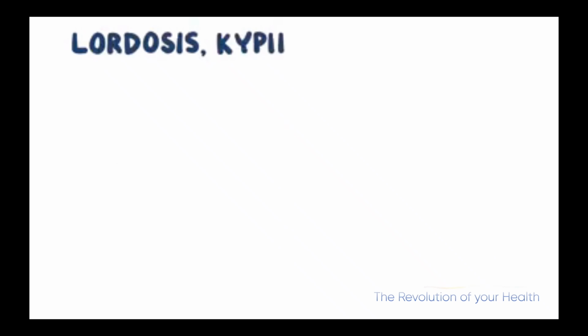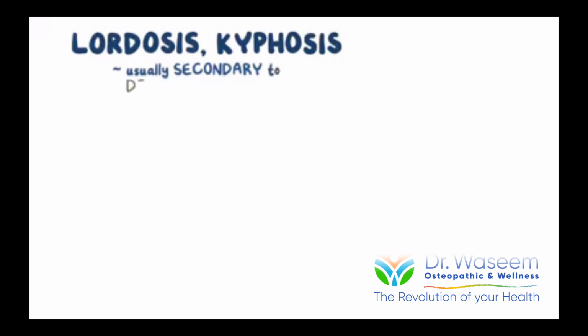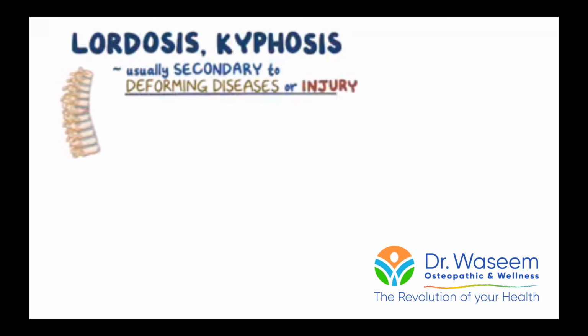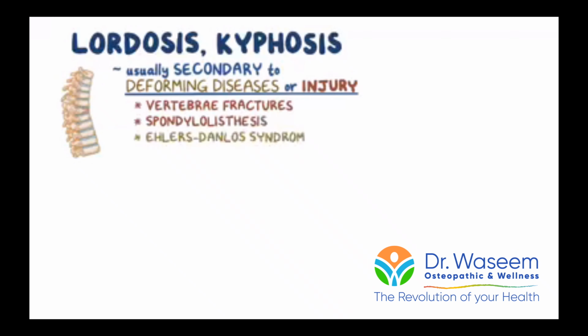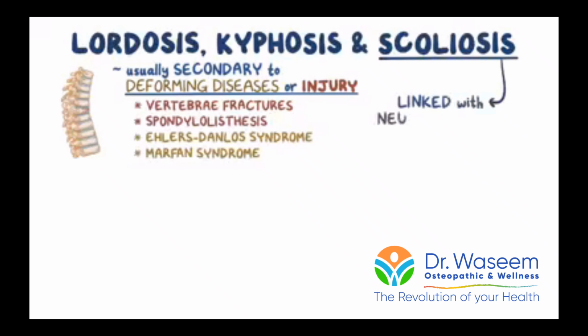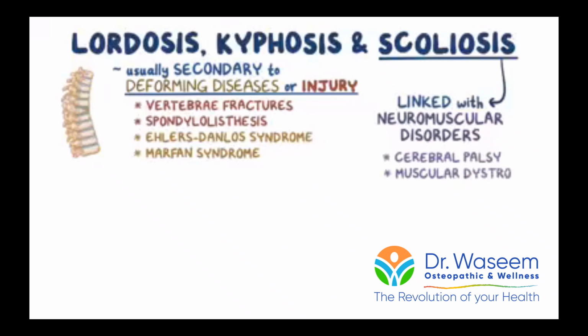Alright, as a quick recap. Lordosis and kyphosis are usually secondary to diseases or injuries which deform the vertebrae and ligaments, such as vertebral fractures, spondylolisthesis, Ehlers-Danlos syndrome, and Marfan syndrome. Scoliosis is linked with some neuromuscular disorders like cerebral palsy or muscular dystrophy.